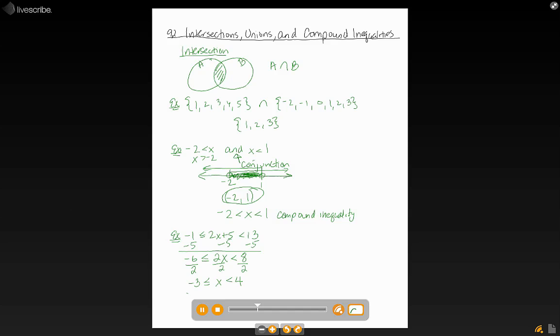The set of x such that negative 3 less than or equal to x less than 4. Okay, so that's set builder notation. All you had to do was put an x and put the little braces around it. Frame it. I like to call it frame it.